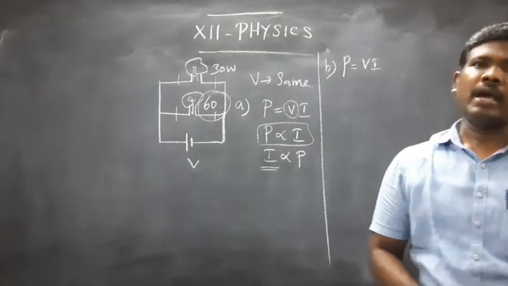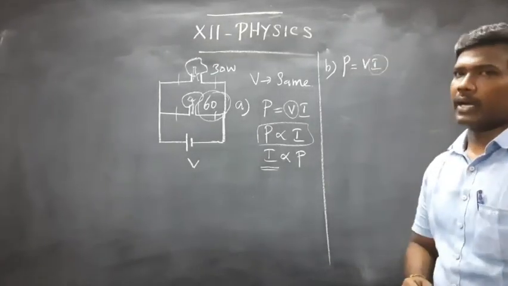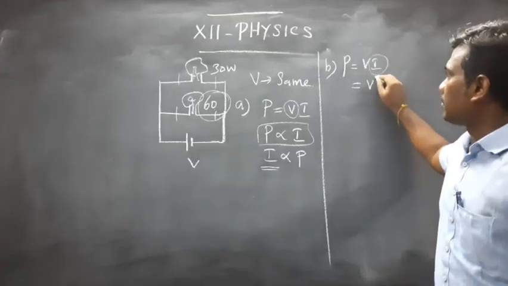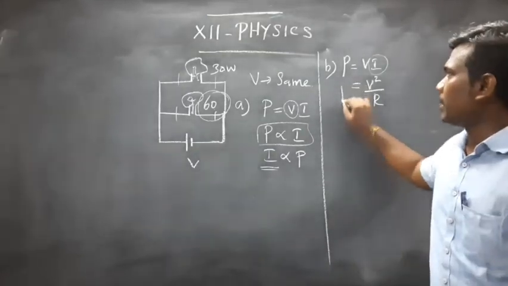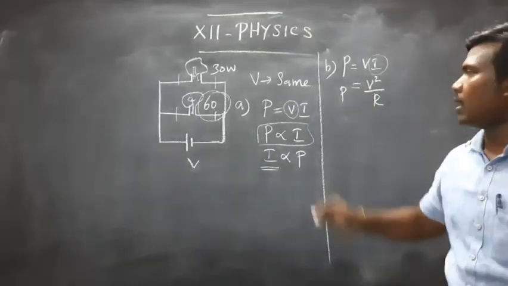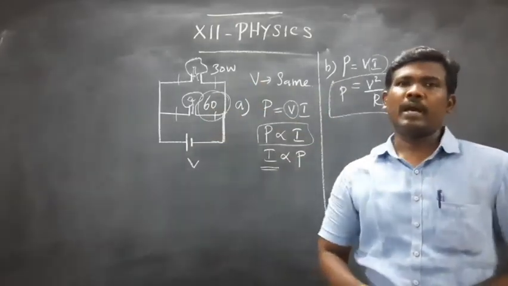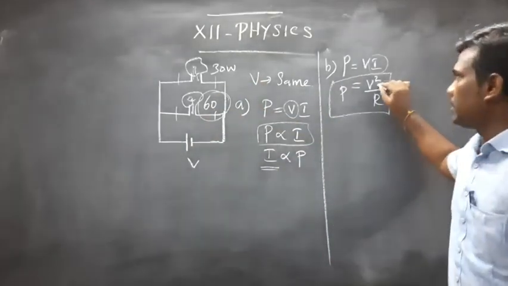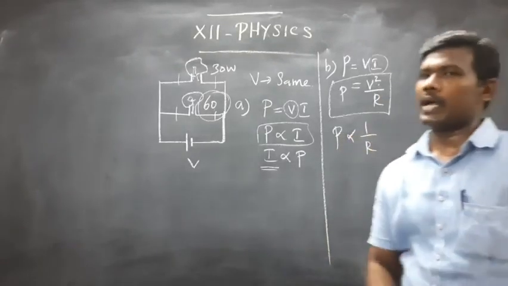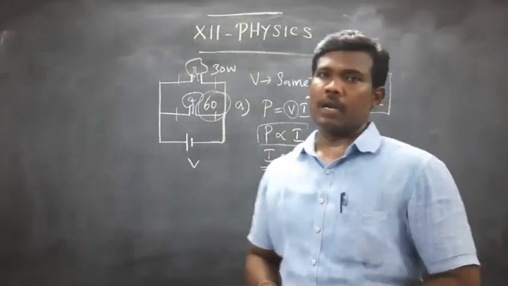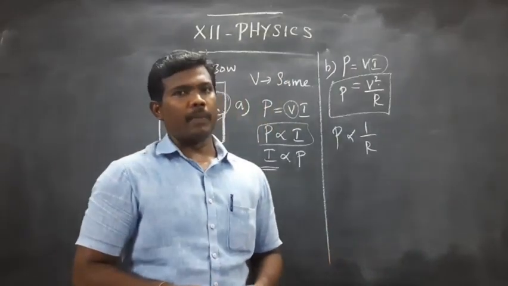If you apply Ohm's law and replace the current I, the equation becomes V square by R. We already derived this equation, so P is equal to V square by R. In this question, the bulbs are in parallel across the power supply, so V is constant. So the power is inversely proportional to the resistance of the bulb.